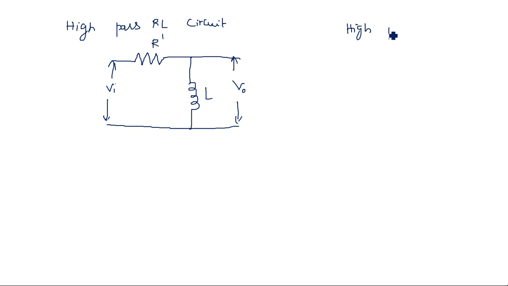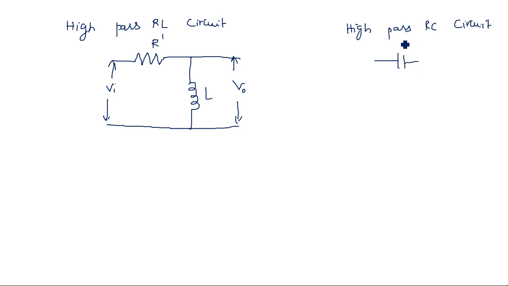I will draw the same high pass RC circuit. You need not draw these high pass RC and low pass RC circuits in the examinations when you are asked particularly about RL circuits. I just want to show you the difference between these two circuits. That's why I am drawing here.